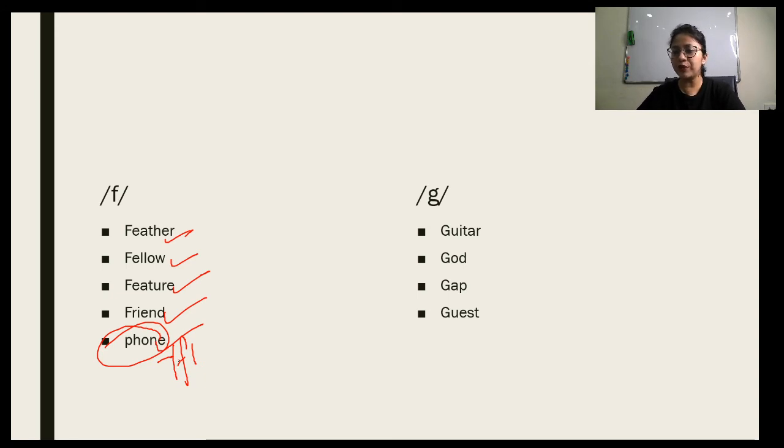Can both of you give me another word which doesn't begin with an F but sounds like that of a fur, but the spelling is different? Very good, Ramandeep. The word is phenomenal.